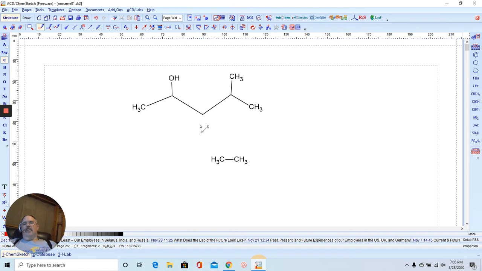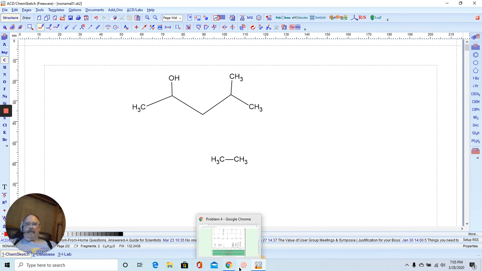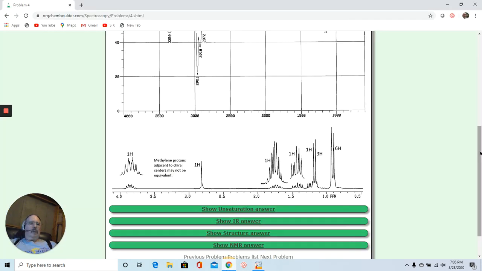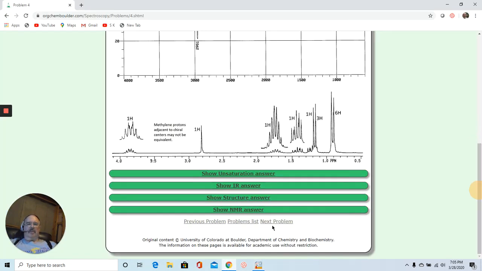And so they're what we call diastereotopic protons. So this is one of our CHs, CH, CH, and then CH. So this is 4-methyl-2-pentanol. If we go on to the next one.